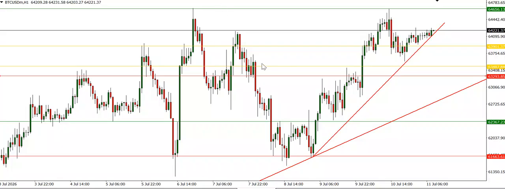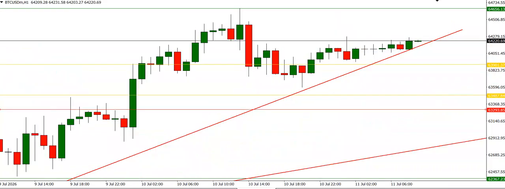So if you want to enter the trade, you look for a perfect way to buy, a perfect time to buy. You look for a perfect entry to buy so that you don't end up running into loss.